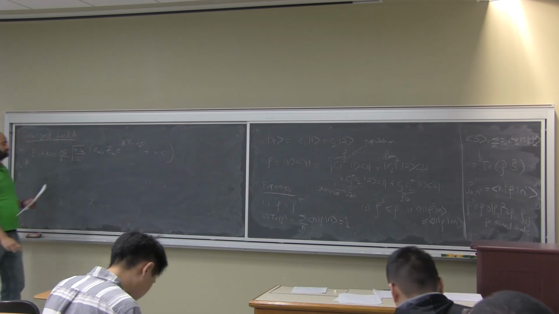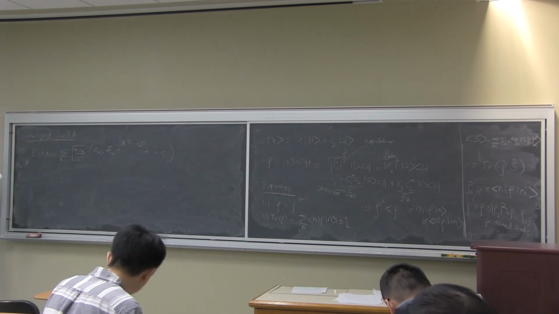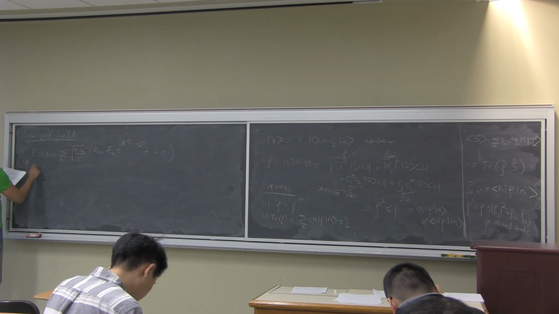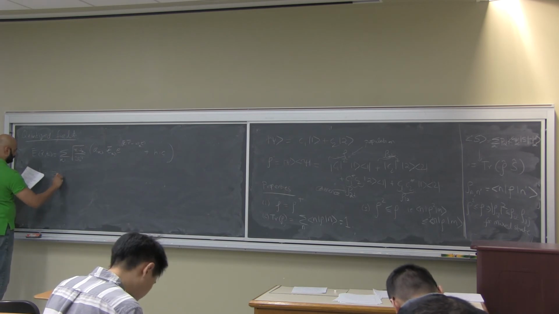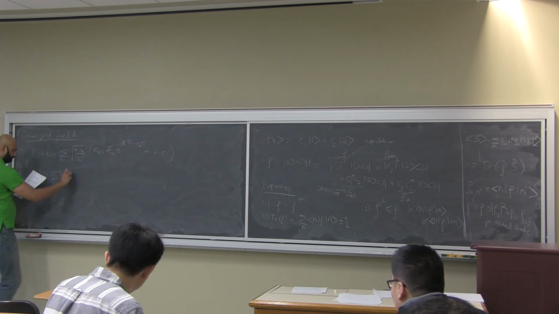I'm from now on skipping the second part, that's just the Hermitian conjugate of the first part, and H is the summation over k lambda of h bar omega k.